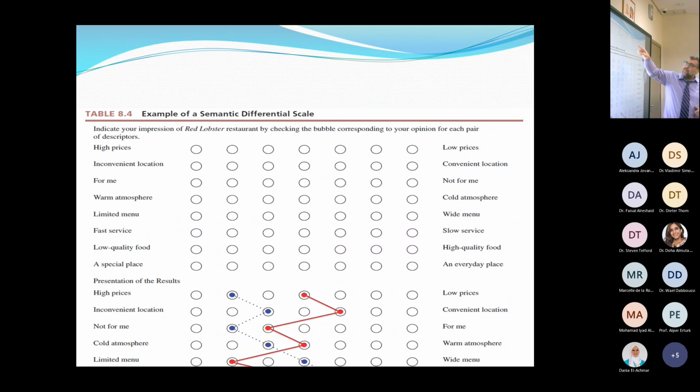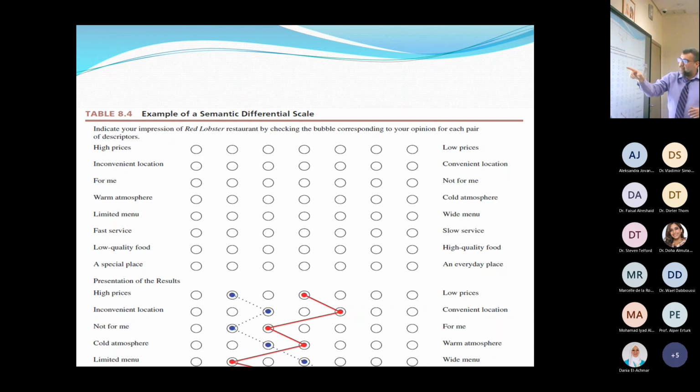No. They force me, because they give me an even number of points on the scale, to select either 2 or 3. If I select 2, I marginally believe it's cheap. If I select 3, I marginally believe it's expensive. So if you have an even number of points, there is no neutral point.